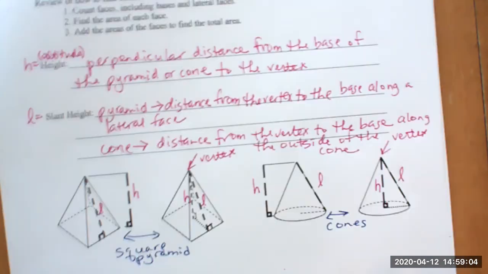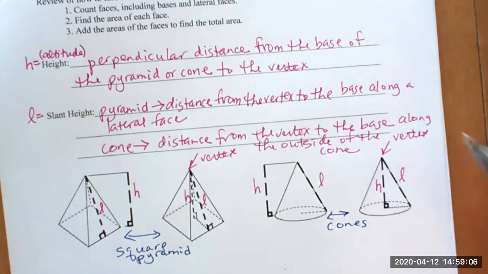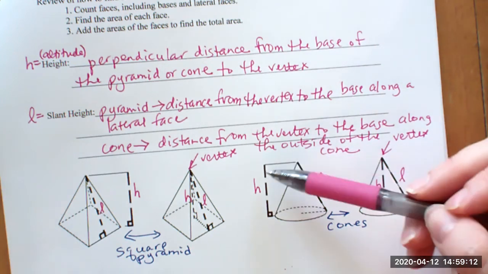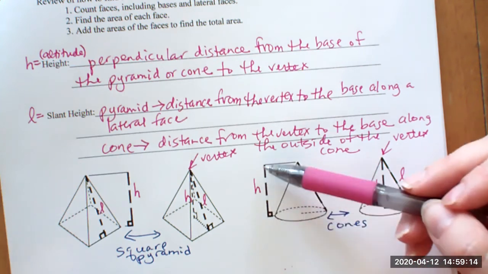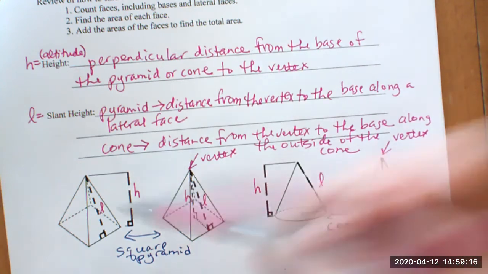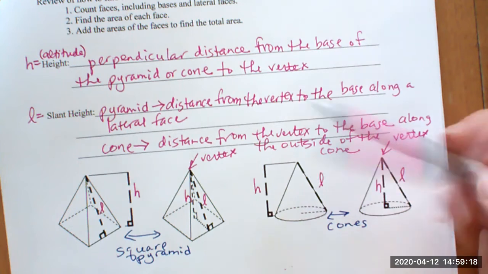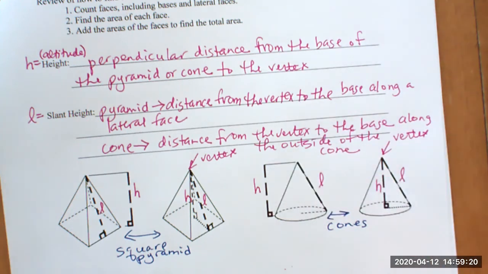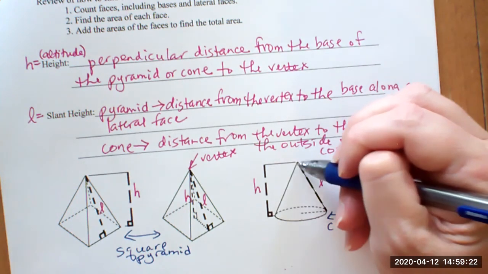Now, to help you understand where we're going to go with this when we do some calculations, I want to help you see, for example, let's say we were given, whether we're dealing with a pyramid or a cone, the principle is going to be the same. If we're given the height on the outside, that's going to translate to knowing what the height is on the inside.